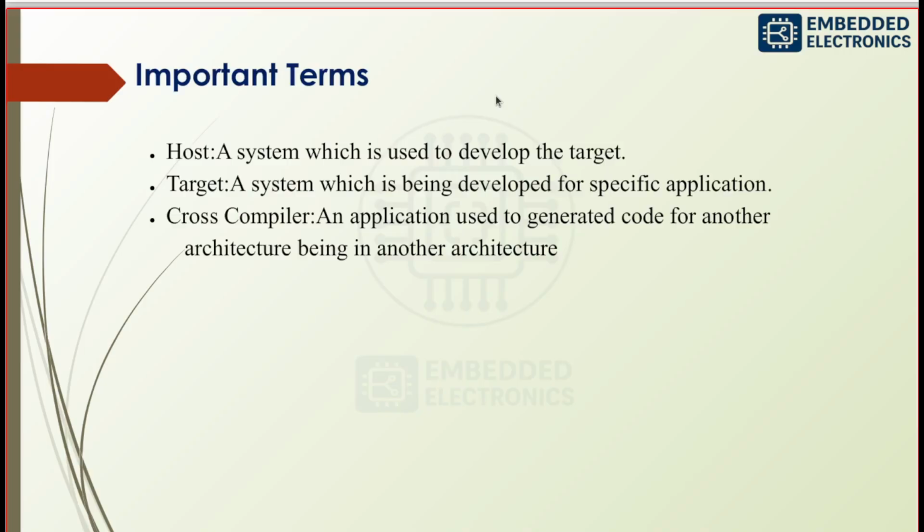So it is an application used to generate code for another architecture while being in a different architecture. That is called a cross compiler. Here we are using the XC8 compiler.